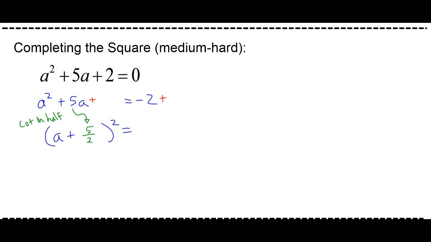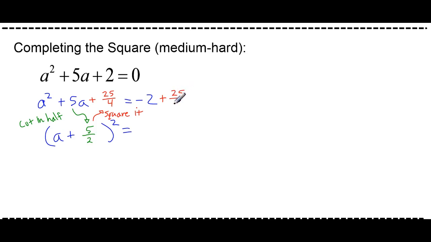Then, the other part was to figure out what number goes there. And if you think about foiling this out, and I know you don't want to, but maybe you should take some scratch paper and try foiling it out, the number you would get when you foil that out is going to be that thing squared. So the second part of the shortcut is first cut it in half and then square it, which in this case gives you a mess.